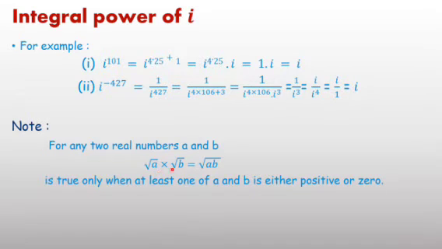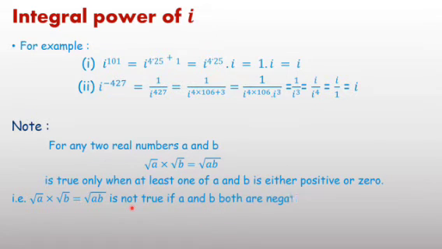It implies if a and b are both positive, then you can apply this result. If any one of a or b is positive, apply this. If any one of these is 0, okay, apply this. But if both are negative, then this result is not true. Or you can say root a into root b equal to root ab is not true if a and b both are negative.